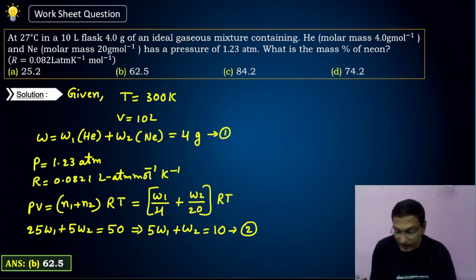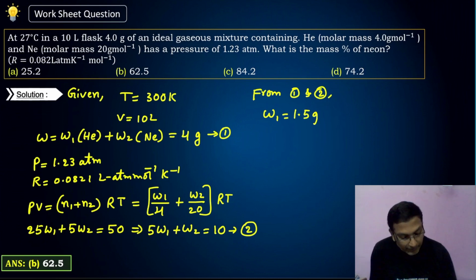So from 1 and 2, we can write, that means simply solving 1 and 2. W1 is 1.5 and W2 is 2.5 grams.